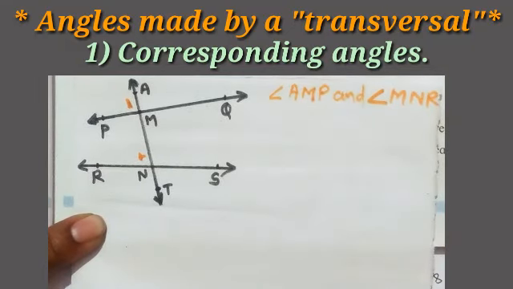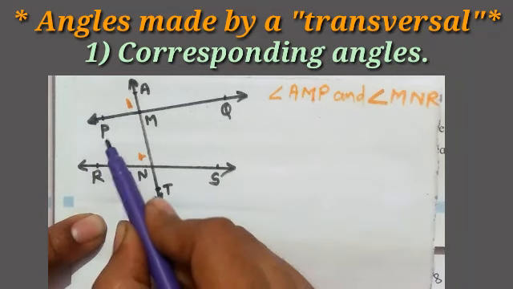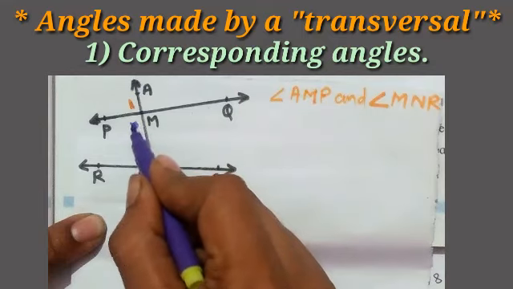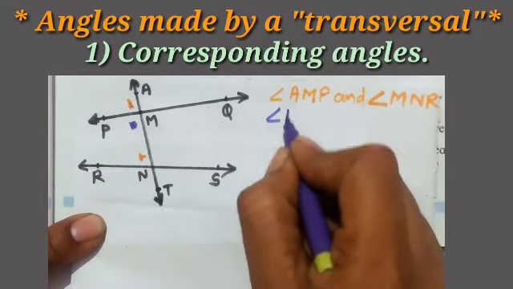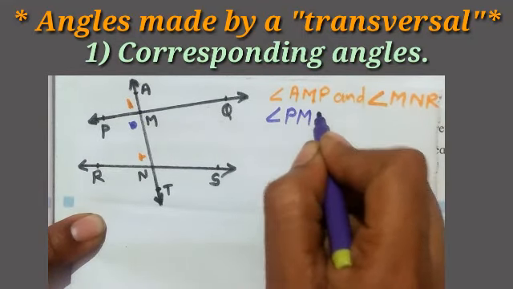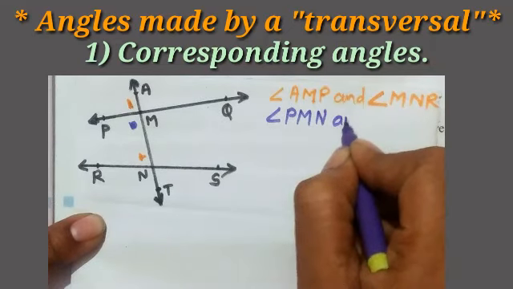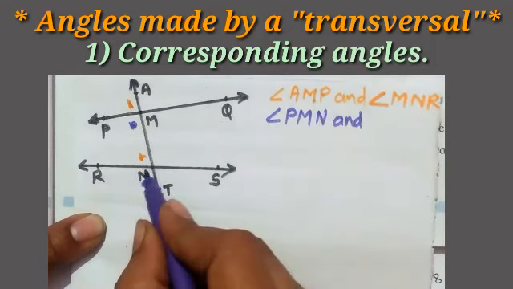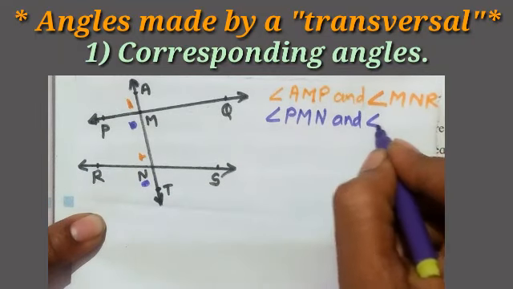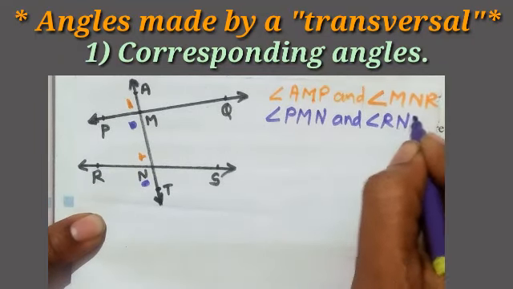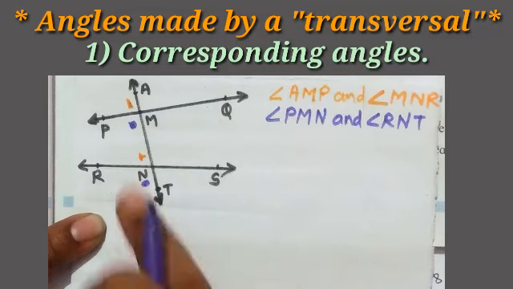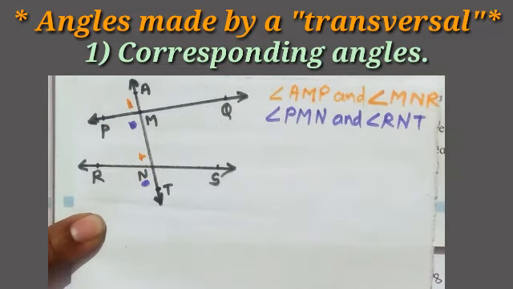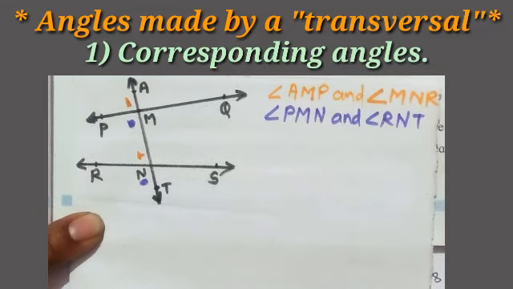Now again just see the second pair, that is angle PMN and angle RNT. Okay, the purple color is the second pair of the corresponding angles.